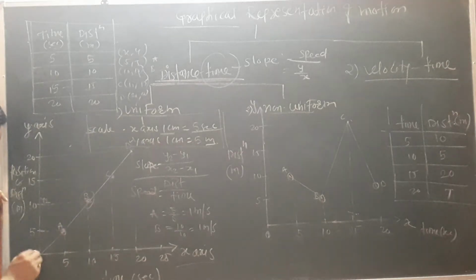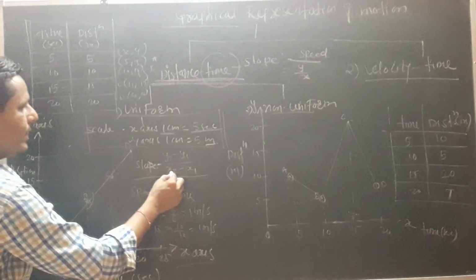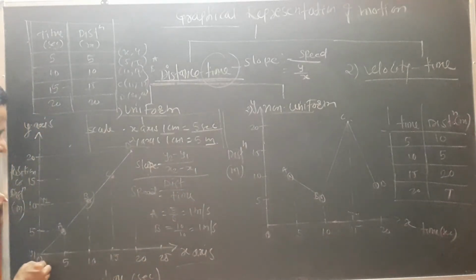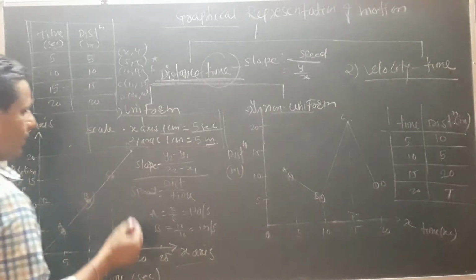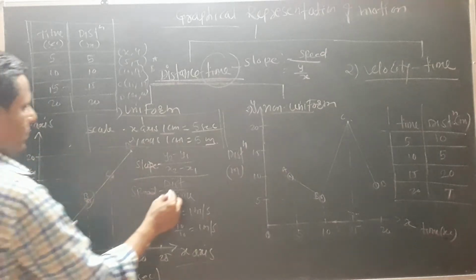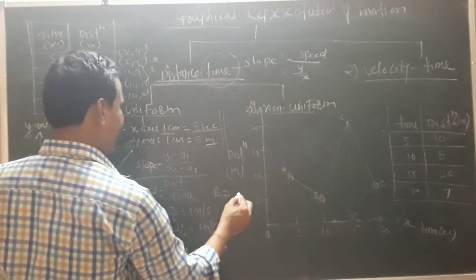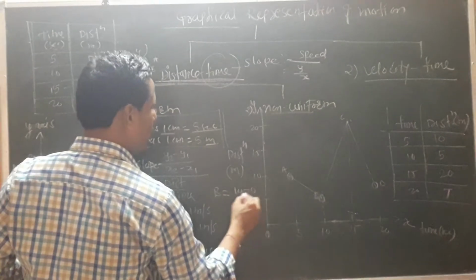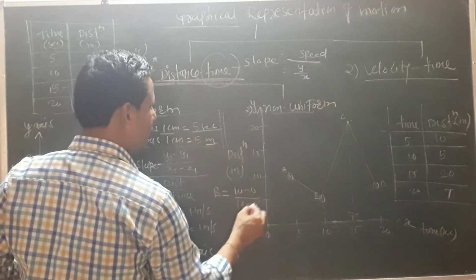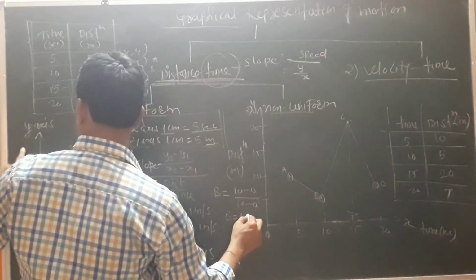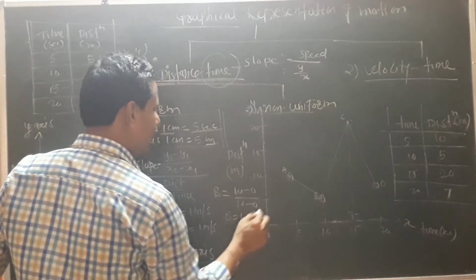So this is y1. What about x2, x1? For B, x2 is what? This 10. And x1 is what? 0. Got it? So I want to find the slope at point B. So y2 is 10, y1 is 0, x2 is again 10, x1 is 0. So here I got 10 upon 10, that is 1. The unit is meter per second.